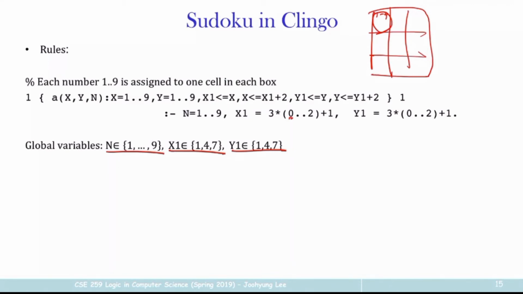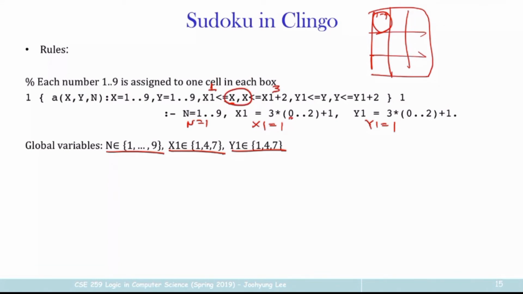So let's try to give some informal reading first. When you have these global variables, fix some values. So fix, let's say, n equals 1, x1 equals 1, and y1 equals 1. Then what this rule is saying is the x will range from 1 to 1 plus 2, which is 3.